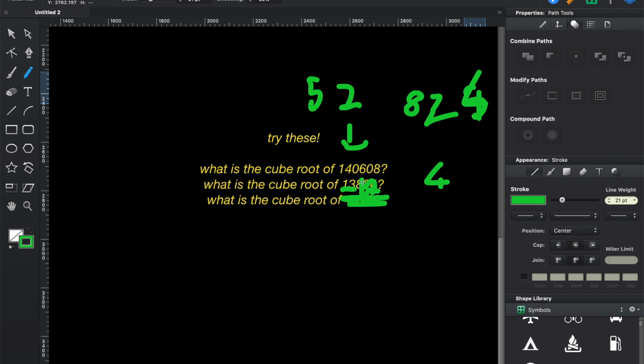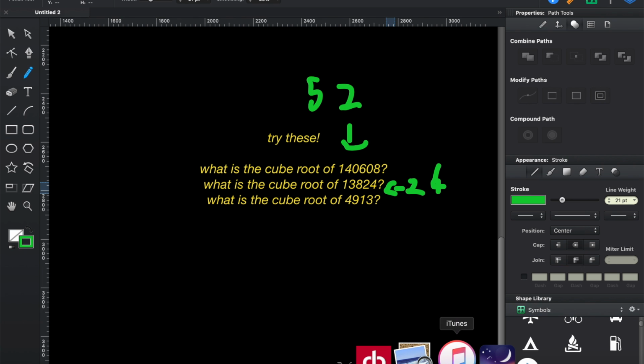So the answer is going to be 24. Let's just make an arrow to point that out. Okay, so that should be 24.